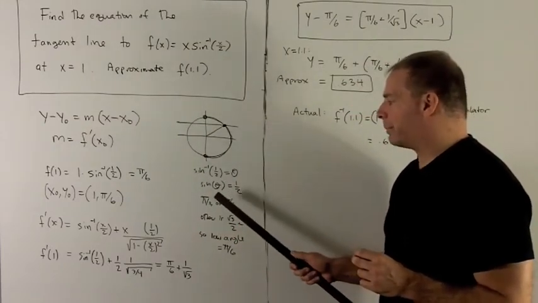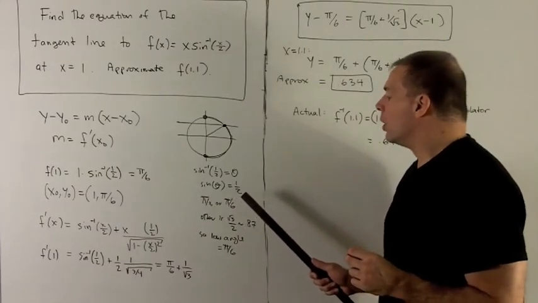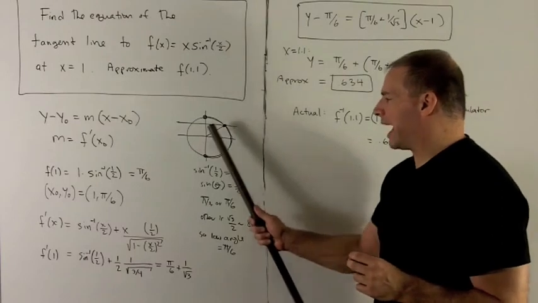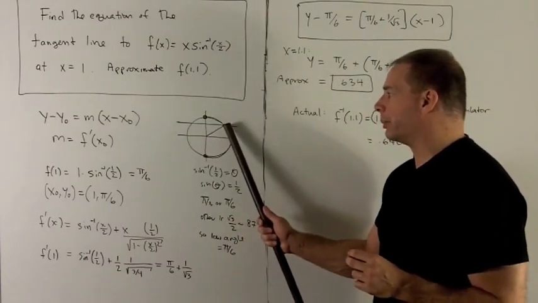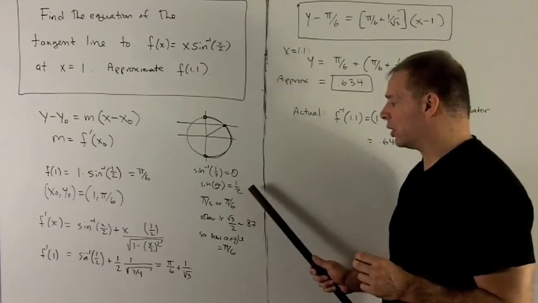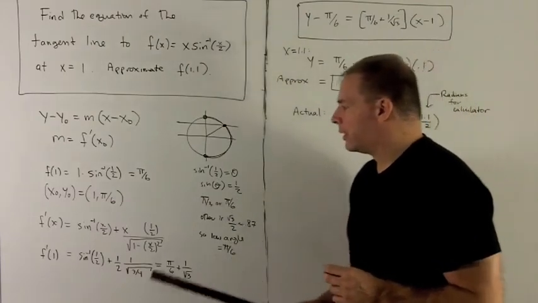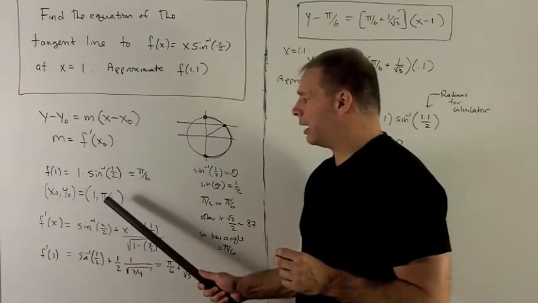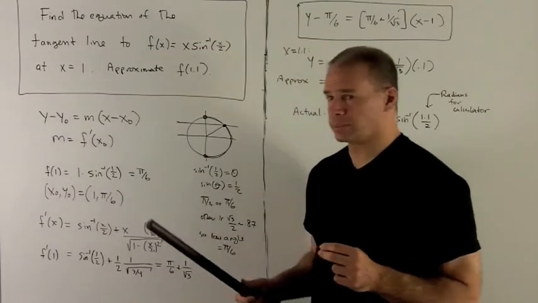Which angle goes with that? Pi thirds or pi sixths? Well, 1/2 is less than 0.87, so we're looking for the angle that has the smaller y value. That's going to be pi over 6, since that's a shorter angle. That means our point is 1 comma pi over 6.